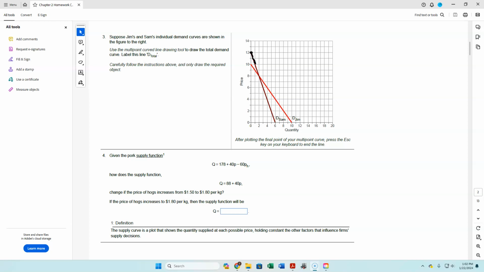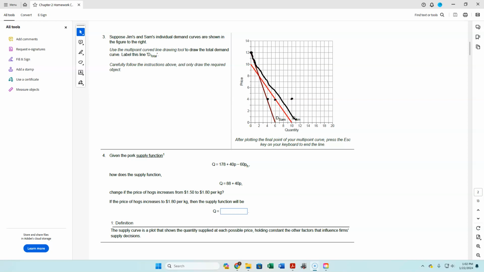Without being incredibly precise here, because I can't see what the points are, the idea is that you then will start to have a curve that looks like this, which is horizontally summing, for instance, that point of 4 and this point of 6.